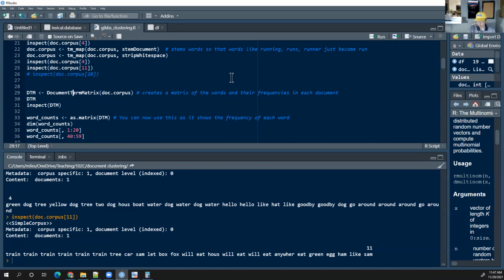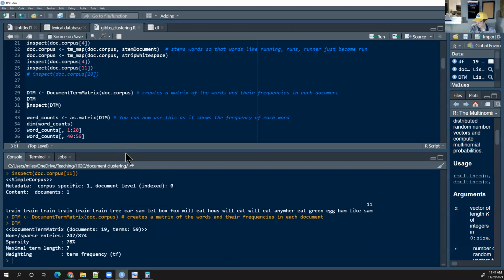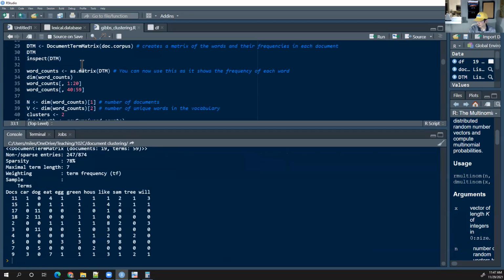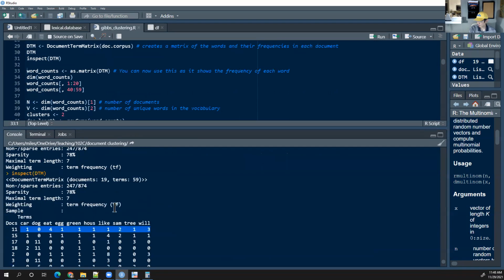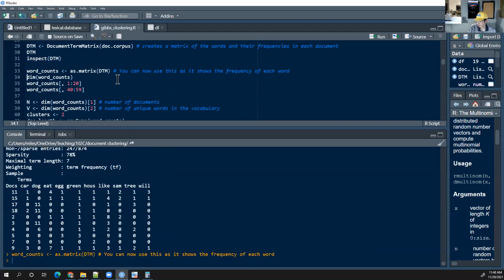All right, so you can take this entire corpus after we've done all of this cleaning and create the document term matrix. The document term matrix, let me just show you, goes through and tells you, okay, document 11 has this kind of word frequency, right? Let me turn it into a word count.